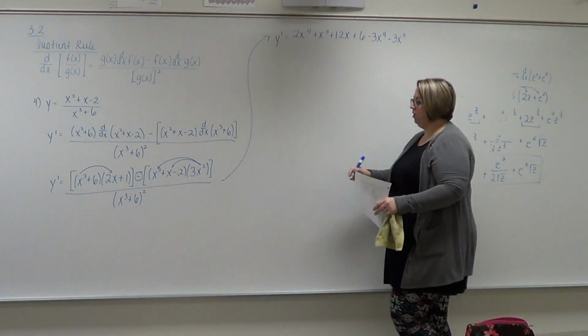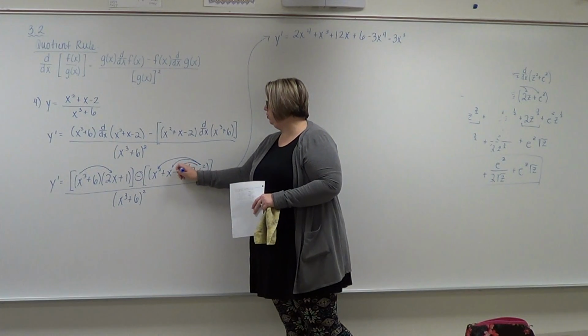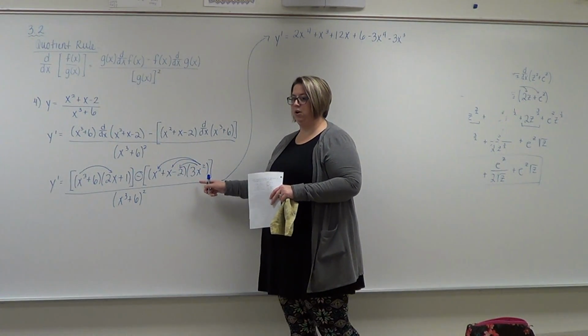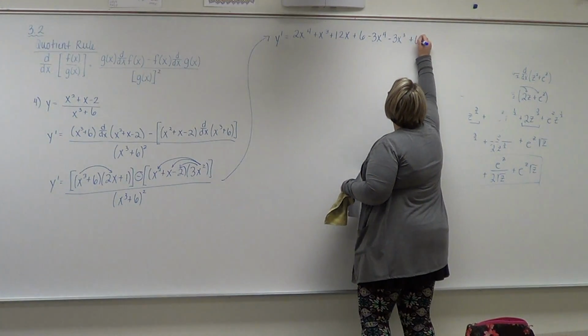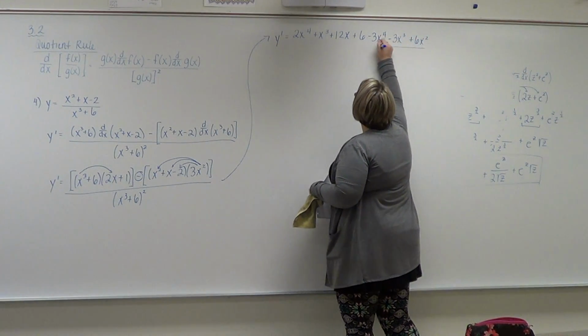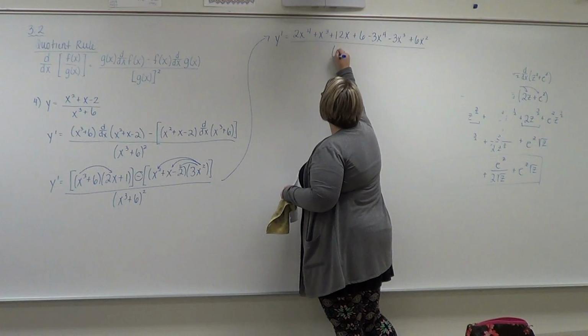And then 3x squared times negative 2 is negative 6x squared. So what is that going to turn into? Positive 6x squared. Over the same denominator.